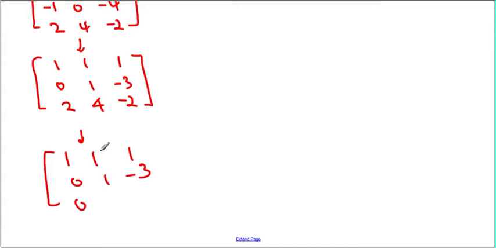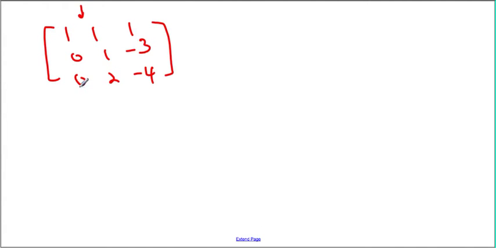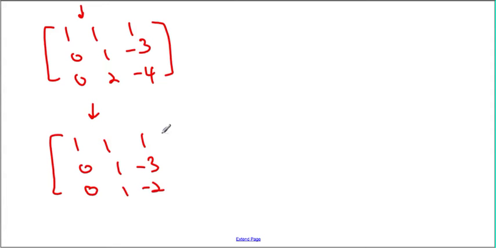And 4 minus negative 2 becomes 2. And then negative 2 minus negative 2 becomes negative 4. But I can divide the last one by 2, so I get 1, 1, 1, 0, 1, negative 3, and then we get 0, 1, negative 2.